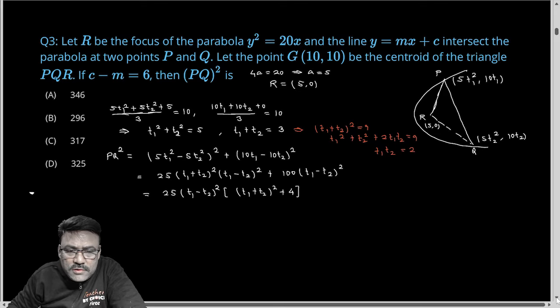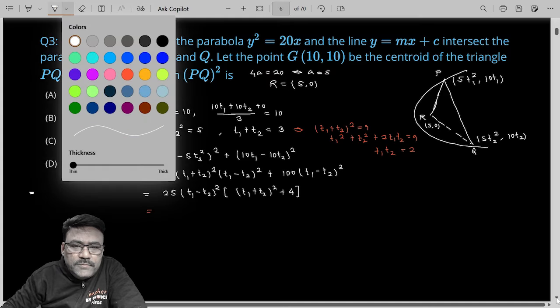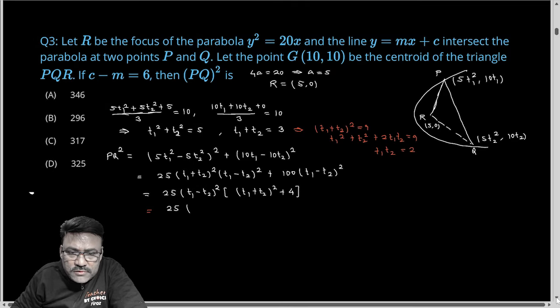Now come back here. So this is basically 25 times t1 square minus t2 square, which can be written as t1 square plus t2 square minus 2 t1 t2. Then in the second bracket we have t1 plus t2 whole square, which is 9 plus 4.